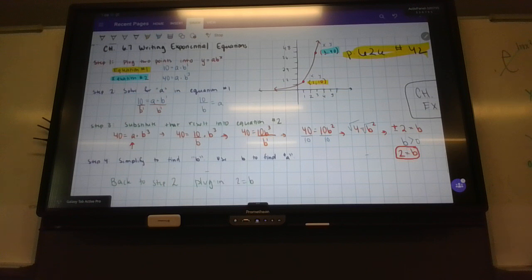So I'm going back to step 2. So I'm going to do 10 over 2 equals a. 5 equals a. So I was able to find a and b. So my equation is y equals 5 times 2 to the x.